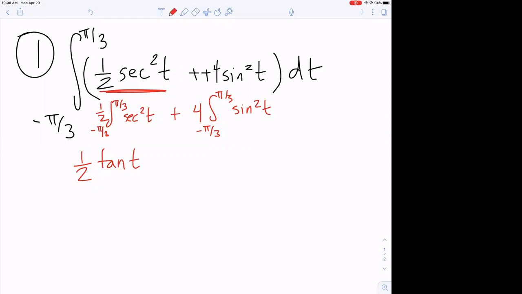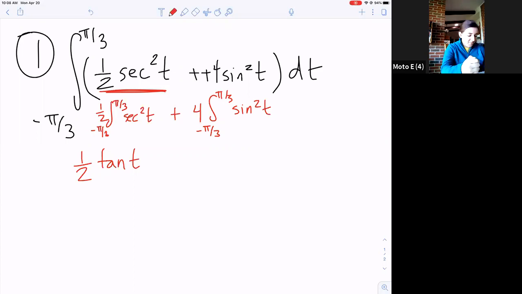At first I was thinking it was like sine 2t, and then we could split it up, but that does not help either. I asked Joel for help on this one, and he had me using some half angle formula, where sine squared was like 2 minus 2 cosine of 2t or something. Or no, it was 1/2.